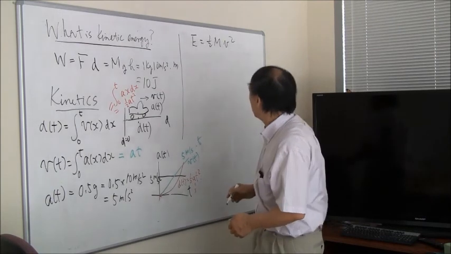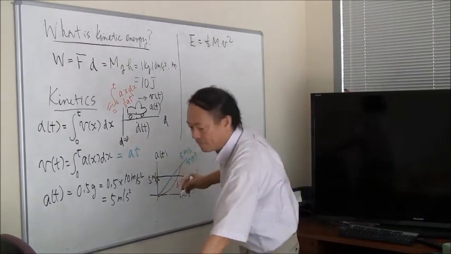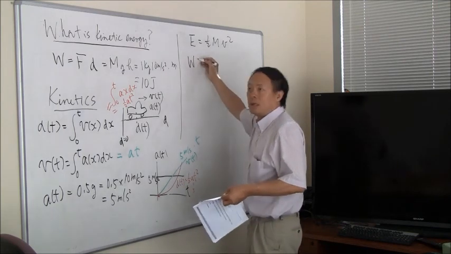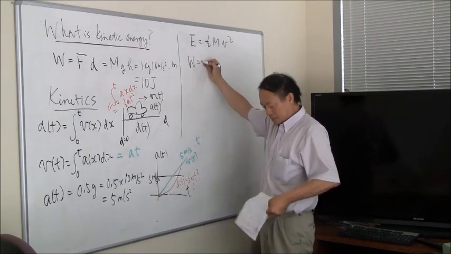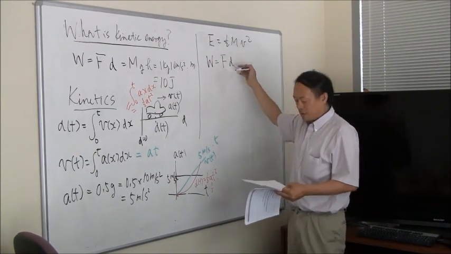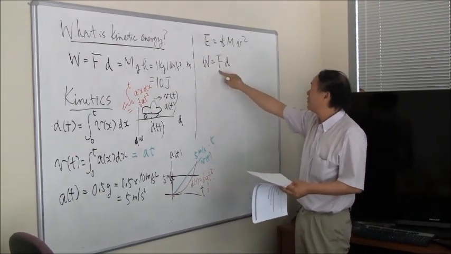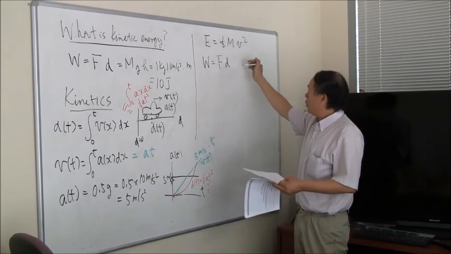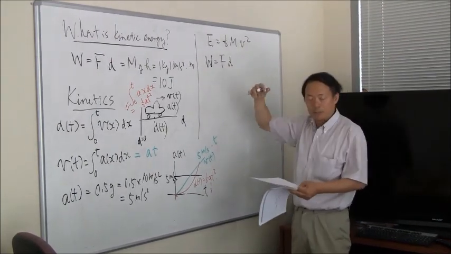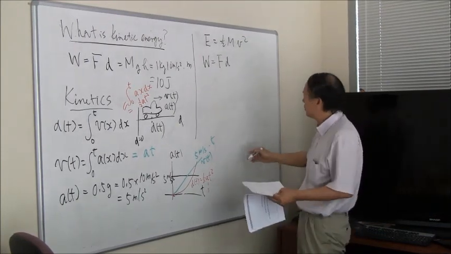Now, how are you going to do that? As we said last time, W, the work done as I lift the block by a height of D with a force of F, would be converted into kinetic energy of the block at the end of that fall.